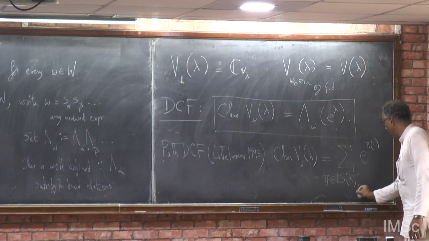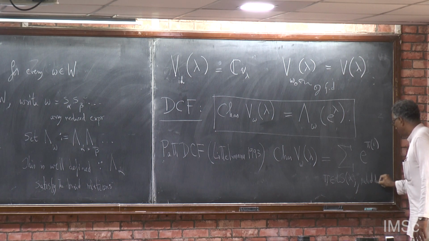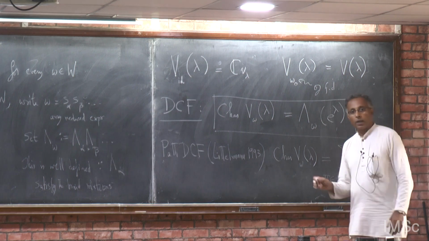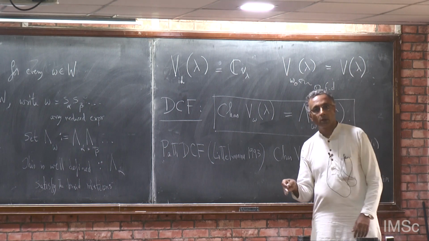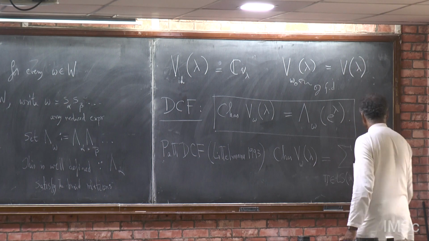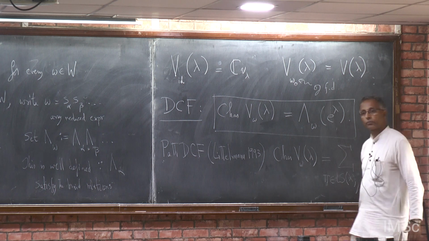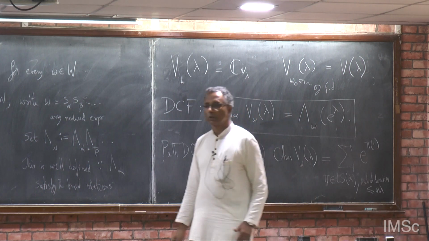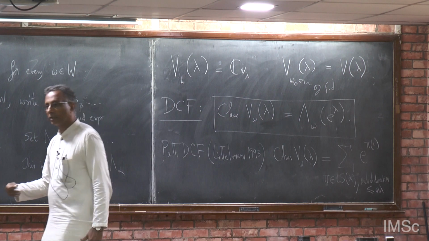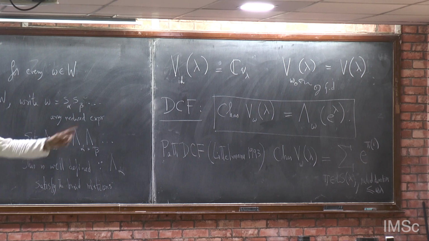And what is this set? The initial direction. Remember, the initial direction is in one of the lambda directions, right? The initial direction must be less than or equal to w lambda. So just look at those paths whose initial direction satisfies this. Remember, on the conjugates of lambda there was also a partial order, and I am using that partial order.